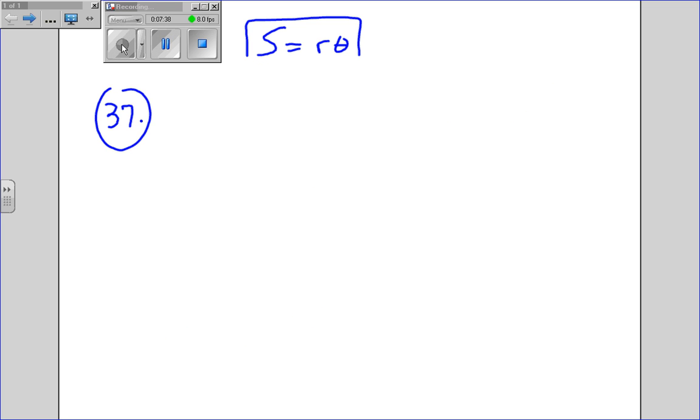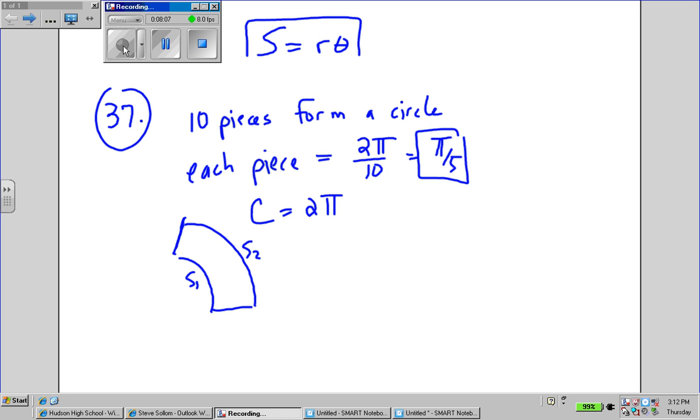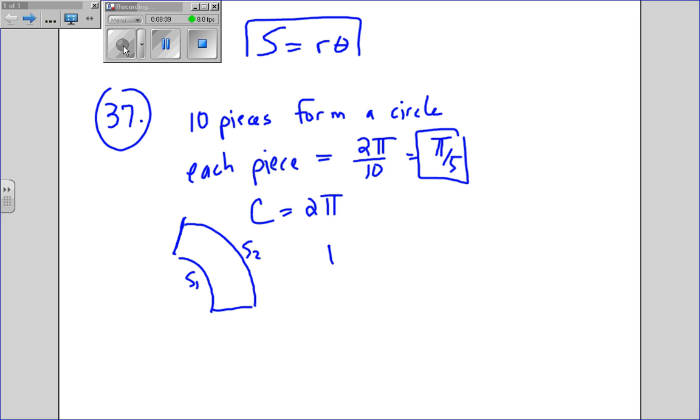For 37, 10 pieces of track form a circle. So each piece is going to be 1/10 of the circle. So the circumference is 2 pi. Each piece is going to be 2 pi over 10, which is pi over 5. So the outside arc would be R2 times theta.